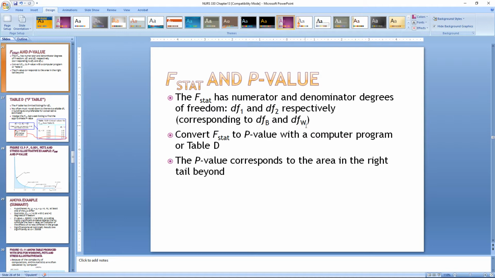The degrees of freedom 1 corresponds to the degrees of freedom between that we calculate, and the degrees of freedom 2 corresponds to the degrees of freedom within. So that's how we know which degrees of freedom to look at for each group.